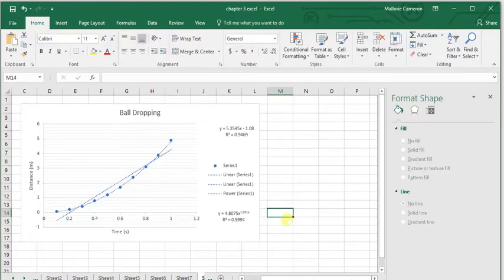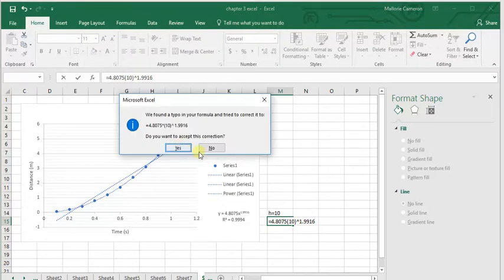And now let's actually just sub these numbers in. The first question: let's predict how long the ball would take to fall 10 meters. We know that the height equals 10. So let's just plug in 4.8075 times 10 to the power of 1.9916.